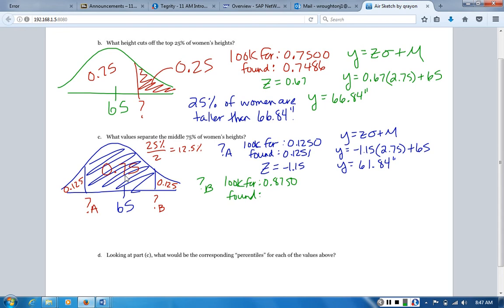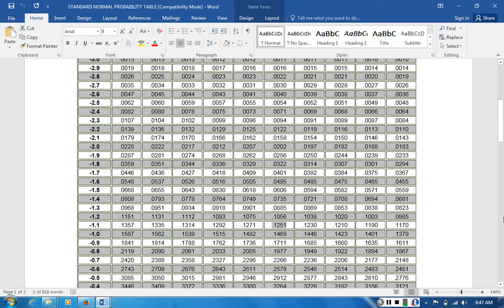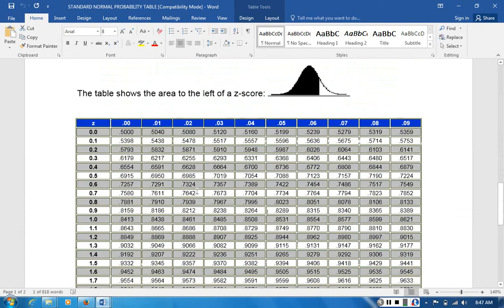So let's go to the table looking for 0.875. Other side here, going down this first column looking for my jump. Between 0.864 and 0.885 is my 0.875. Find the closest thing I can. I find this 0.8749.